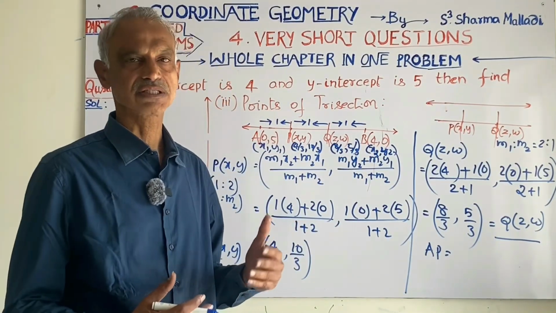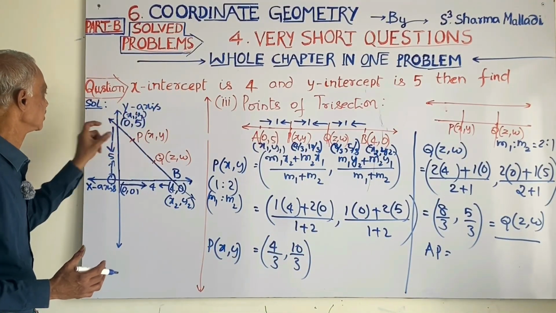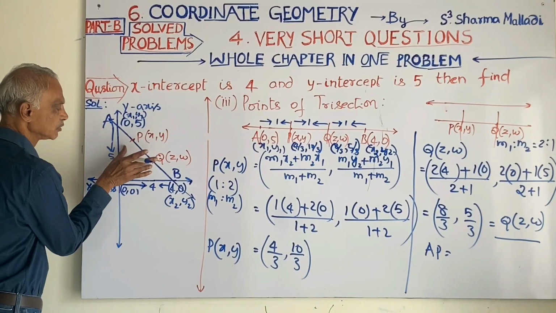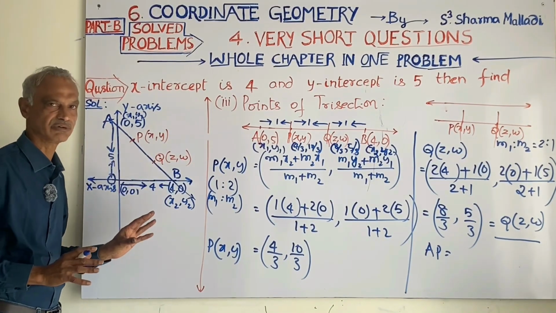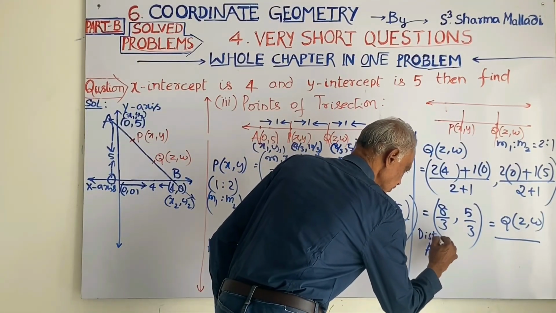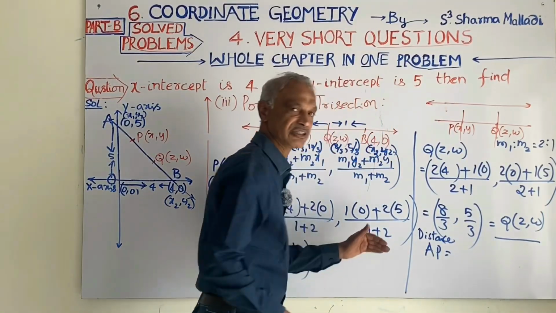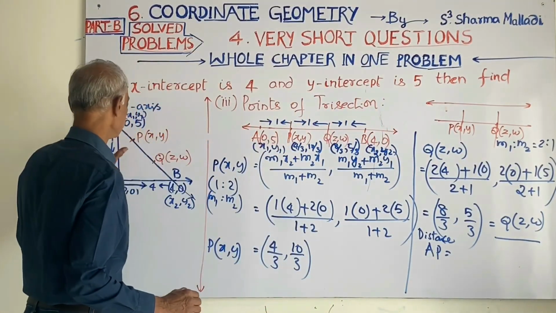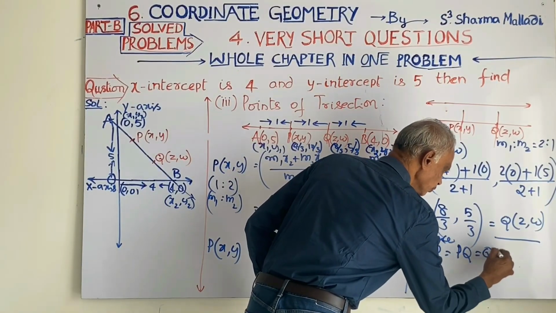You can check whether our answer is true or false. How to do? We have to find the distance between AP, PQ and QB. These distances must be equal to each other. AP must be equal to PQ must be equal to QB.